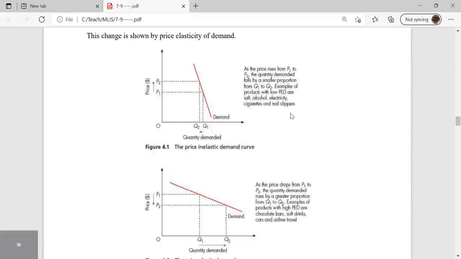And let's talk about elastic demand. As the price drops from P1 to P2, the quantity demanded rises by a greater proportion from Q1 to Q2. The same change in price compared to the previous graph, but there is a huge response from the quantity demanded.